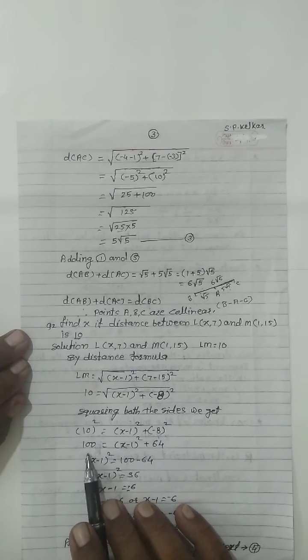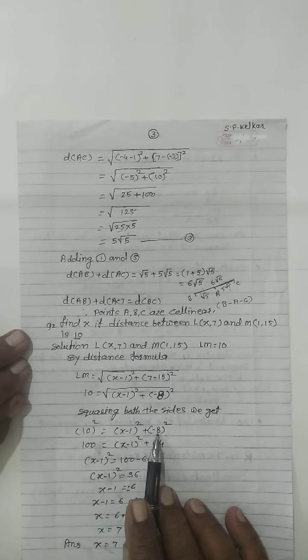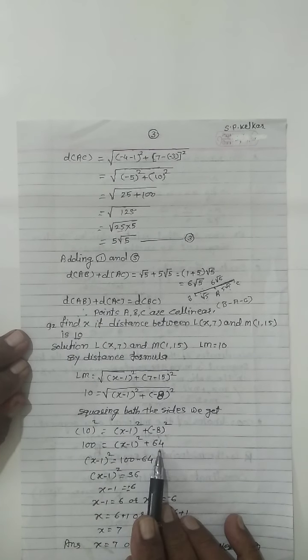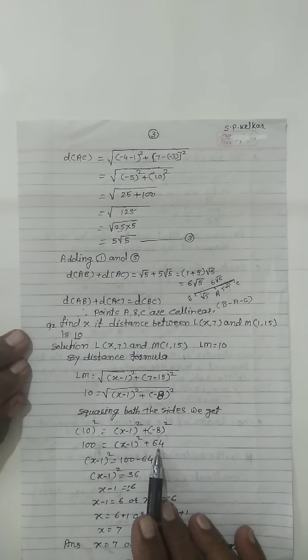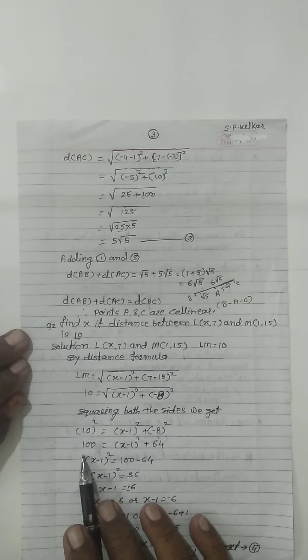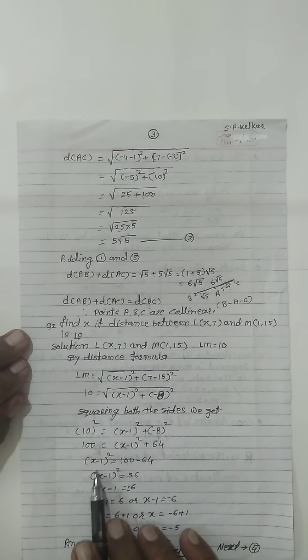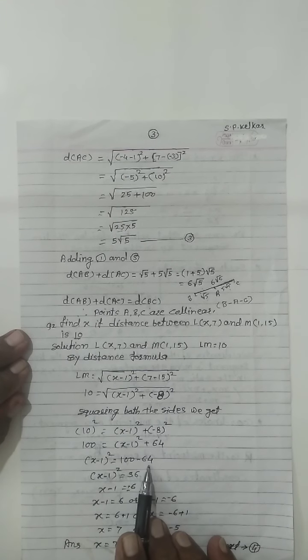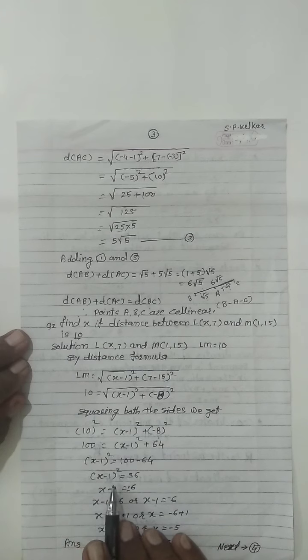The 10 squared is 100, and the square of minus 8 is 64. This 64 goes to the left side, so we can write x minus 1 bracket squared equal to 100 minus 64. Then x minus 1 bracket squared equal to 36.